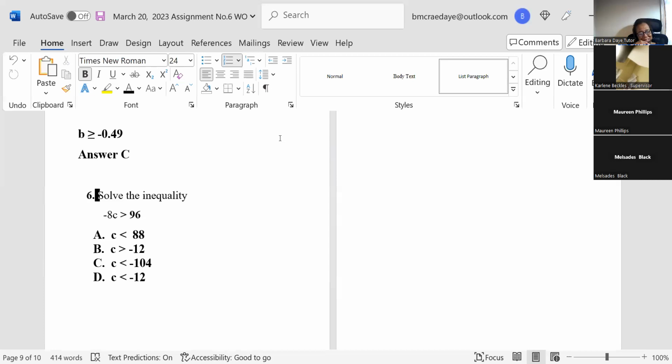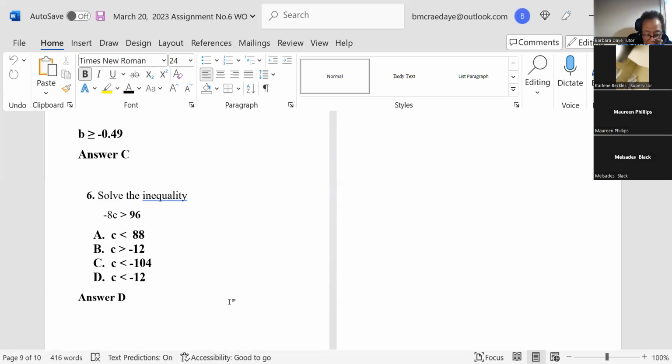Yes. Very good. Divide by the minus 8, you get a minus 12. But since you're dividing, you have to reverse the sign. Instead of greater than, it becomes less than. Very good. Maureen, you got that? I had that from the beginning.